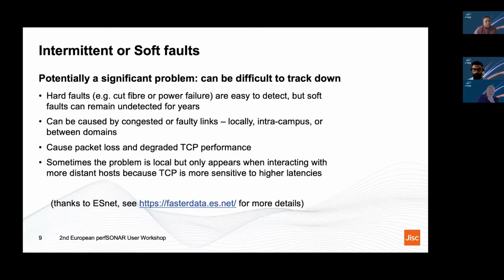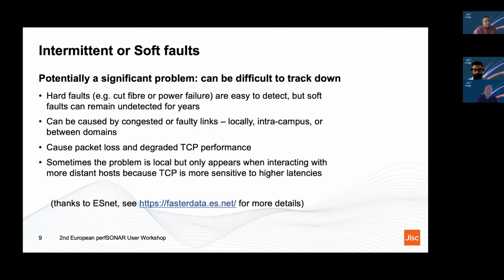So just a bit about intermittent or soft faults. These can potentially be a significant problem because they're difficult to track down. Hard faults, such as a cut in the fiber or a power failure, are easy to detect, but soft faults in which you don't have a total failure can remain undetected for years.